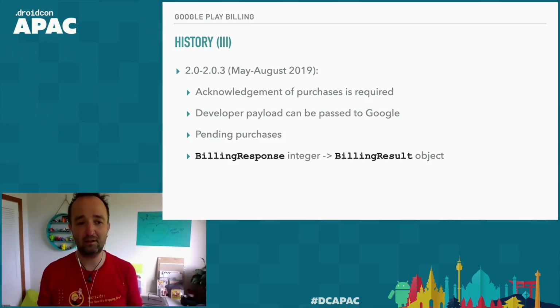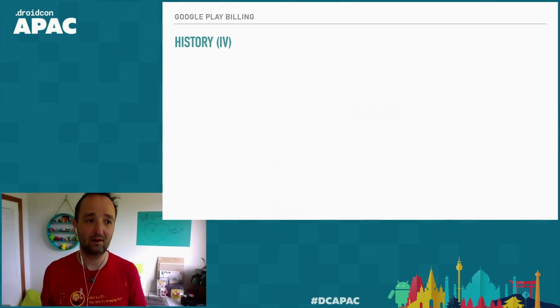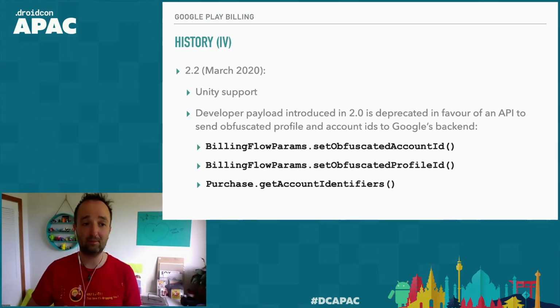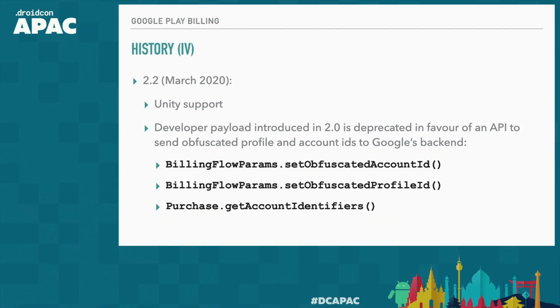The problem is, as we see on the next slide, that was pretty much deprecated just a few months later for some reason. That happened in 2.2, which introduced Unity support, earlier this year. But now developer payload is gone already in favor of an API to pass obfuscated profile and account IDs through the billing process. And I can't really say what triggered that change.